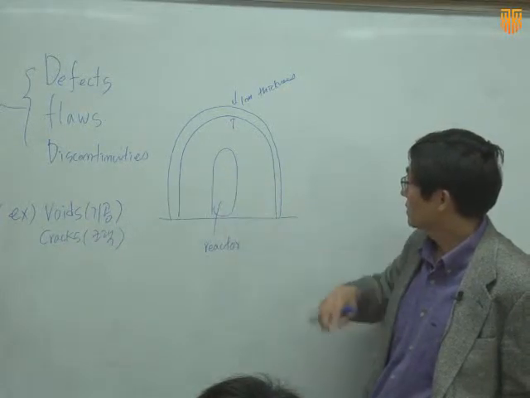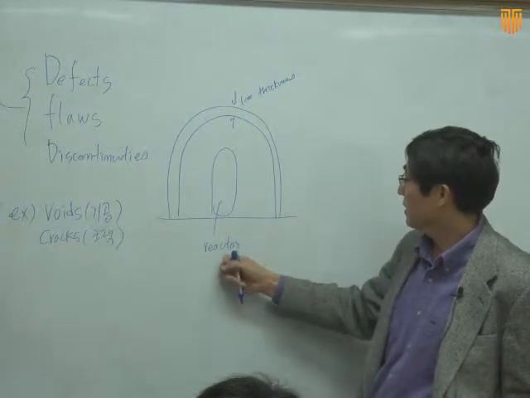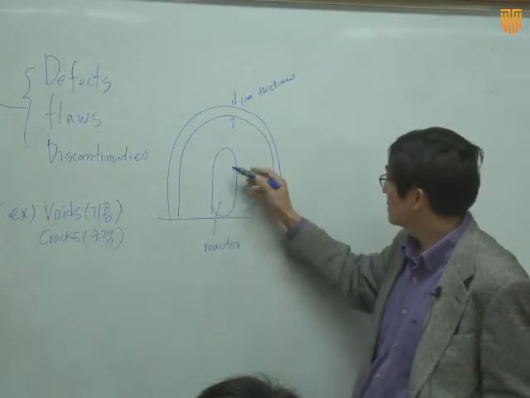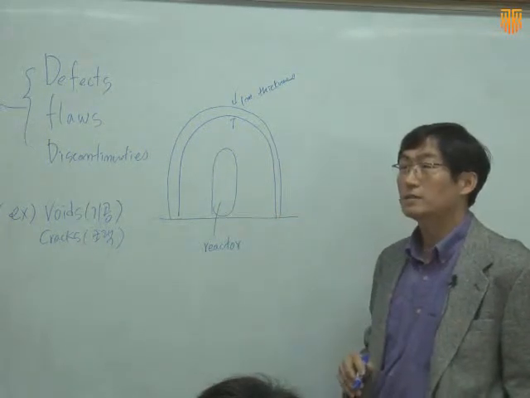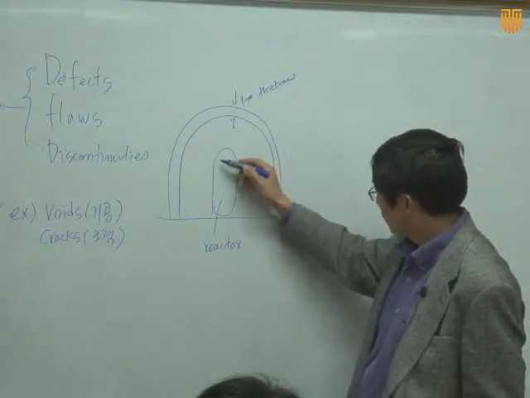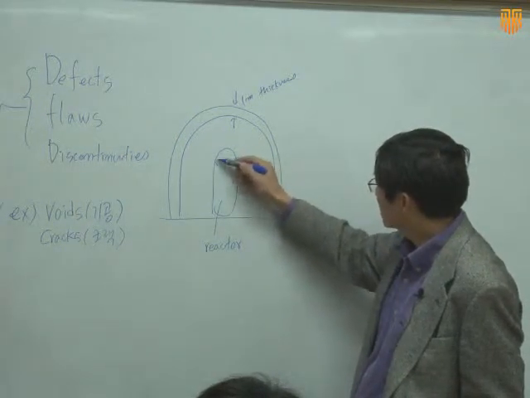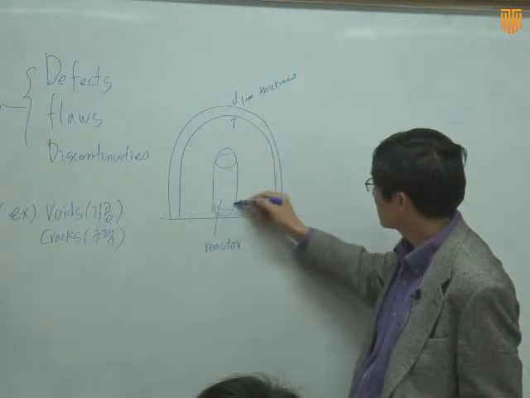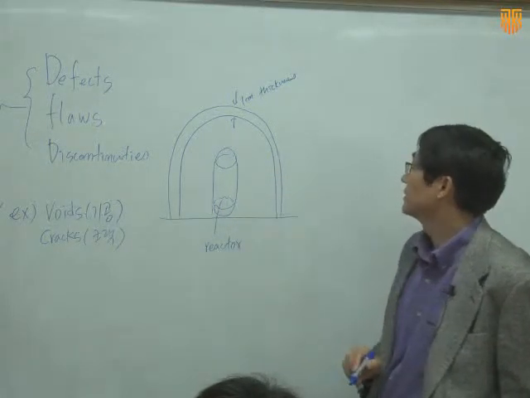This one is a reactor vessel. It is made of high strength steel. It's welded around, something like this. It looks like a capsule.